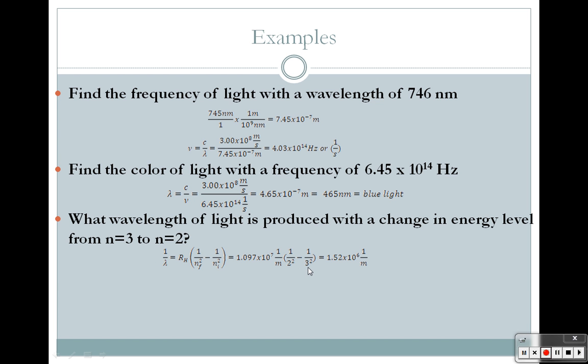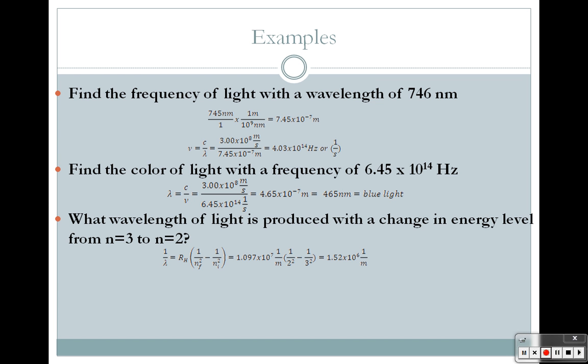Remember, light is produced when electrons go from higher orbits to lower orbits. So that second n is always going to be greater than your first n in the equation, because it's falling down from a higher level to a lower level. And that gives you 1.52 times 10 to the 6th 1 over meters. This doesn't give me a wavelength.